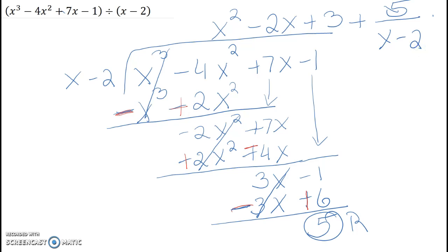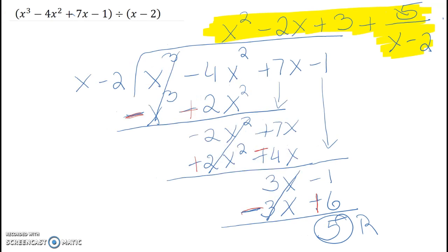And this is your final solution, which is x squared minus 2x plus 3 plus 5 over x minus 2. So this completes the long division for dividing these two polynomials.